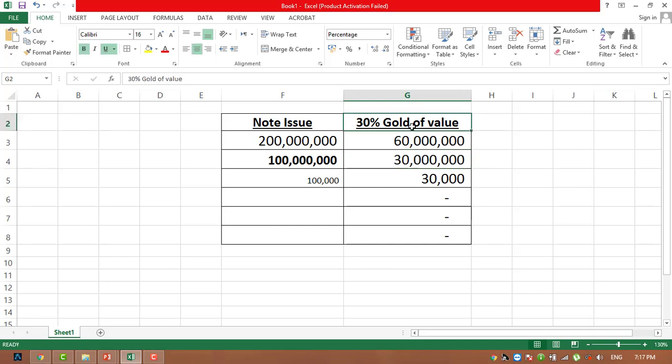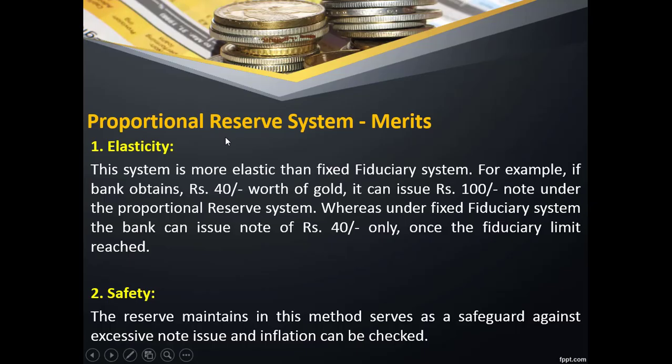So this is the 30% of gold value they need to keep. In your book a 100 rupees example is given. If the government is issuing 100 rupees of currency in the country, they need to keep a reserve of gold valuing 30. Come back to the slide. We will discuss the merits of the proportional reserve system.